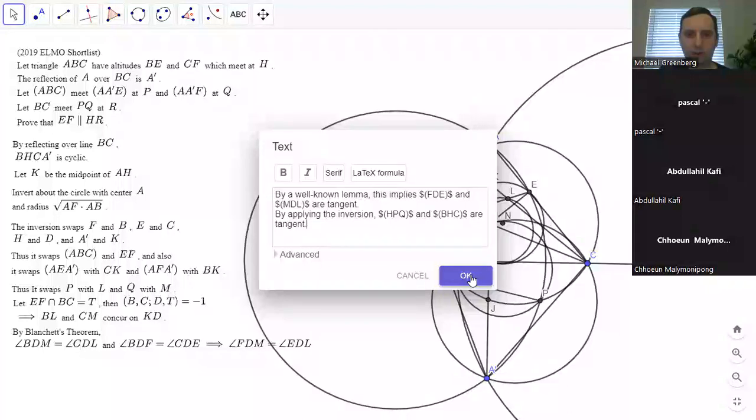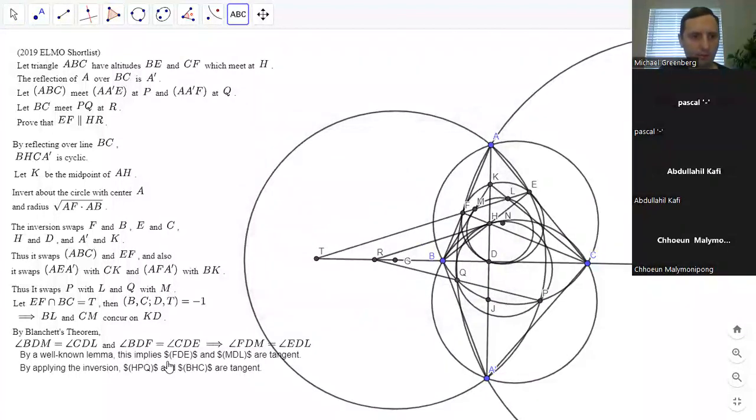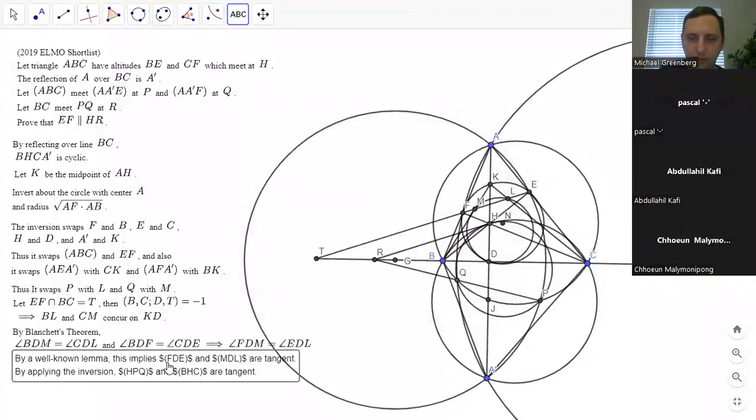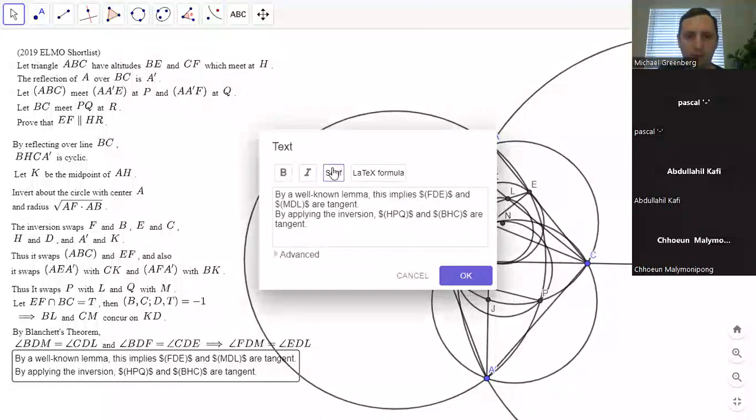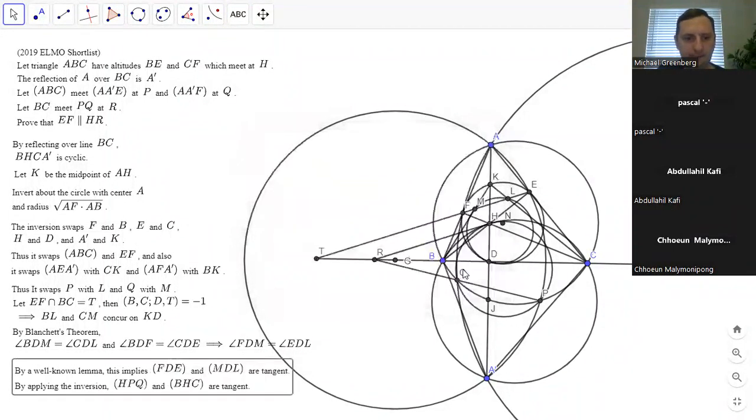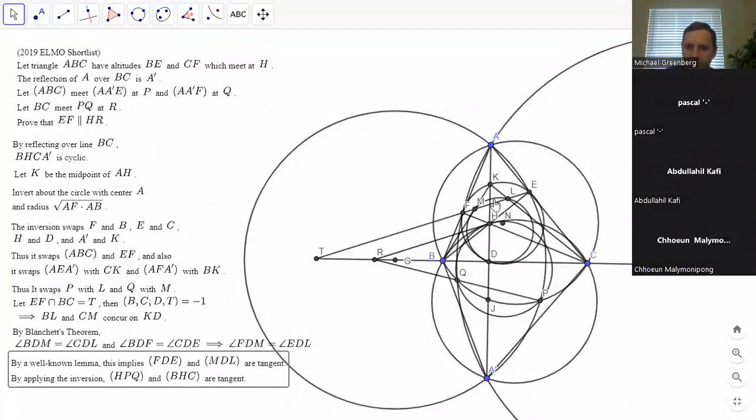And then once we know that, it's not hard to show that EF is parallel to HR because basically angle RHB would equal angle HCB, which is HEF, so then they'd be tangent.